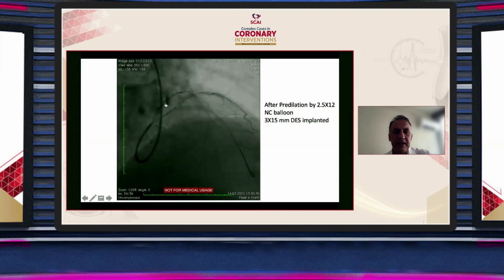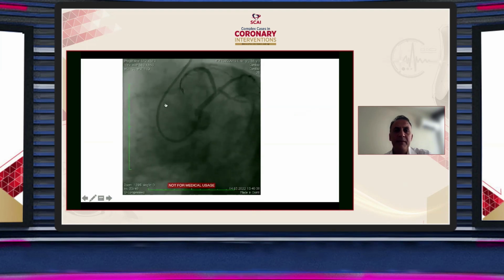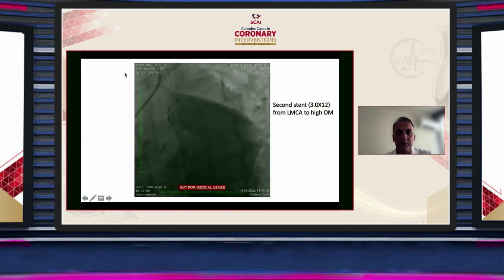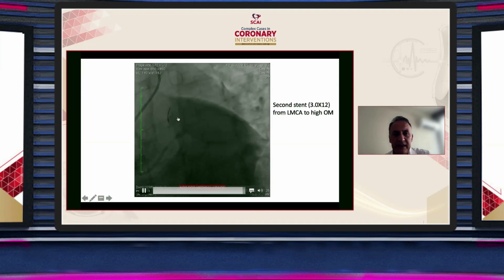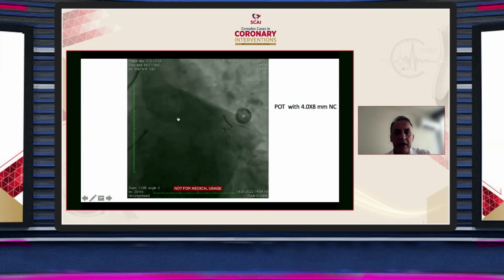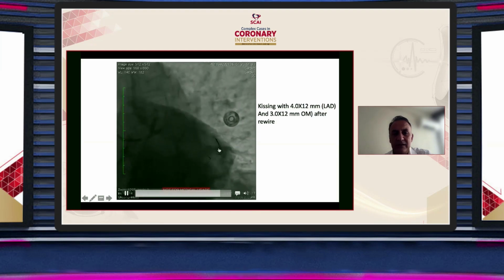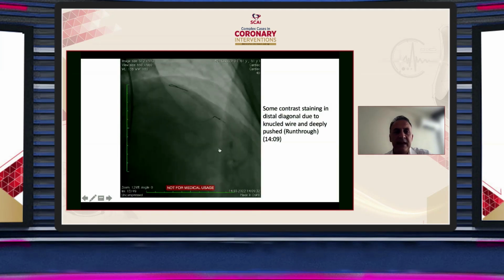They saw some plaque at the left main and put another stent at the left main. Please look at it: the LAD wire is now in the distal LAD, but while they were working, the wire went somewhere else. It's in a very small diagonal branch, and it's already knuckled and very deep. They didn't see it yet.